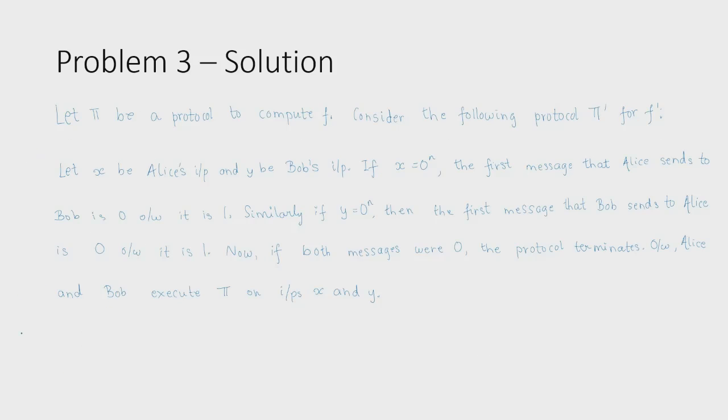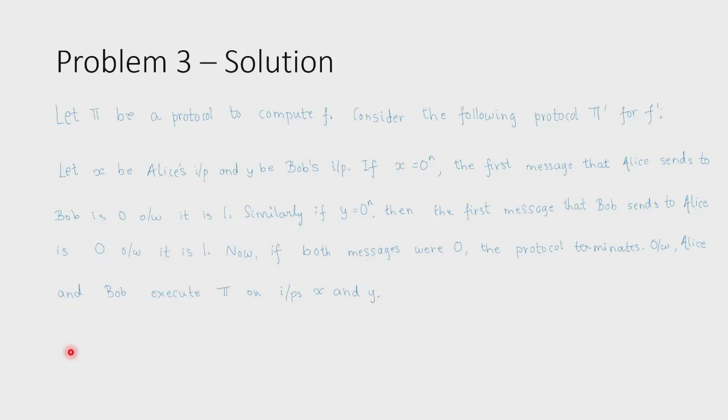So what I'm doing is I'm starting off with a protocol pi for F, and designing a protocol pi prime for F prime. Right now they're computing F prime using the protocol to compute F. So is the protocol pi prime clear? Yes. So pi prime is computing F prime using pi.